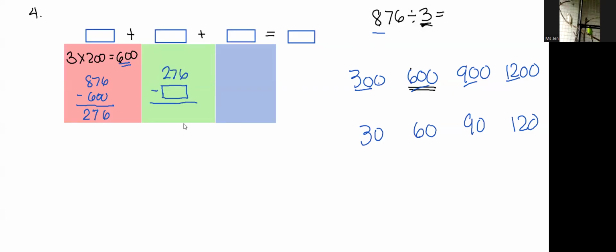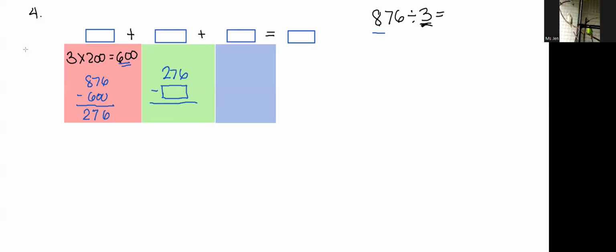But I don't have enough because I had 270. So I need to have more, okay? So I'm gonna erase this so we can start our skip counting again. I did not see that coming. What we need is 270.